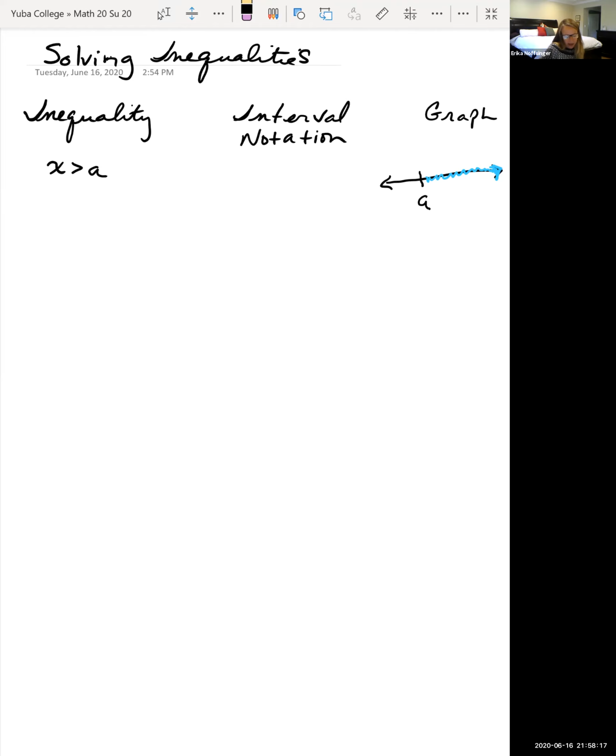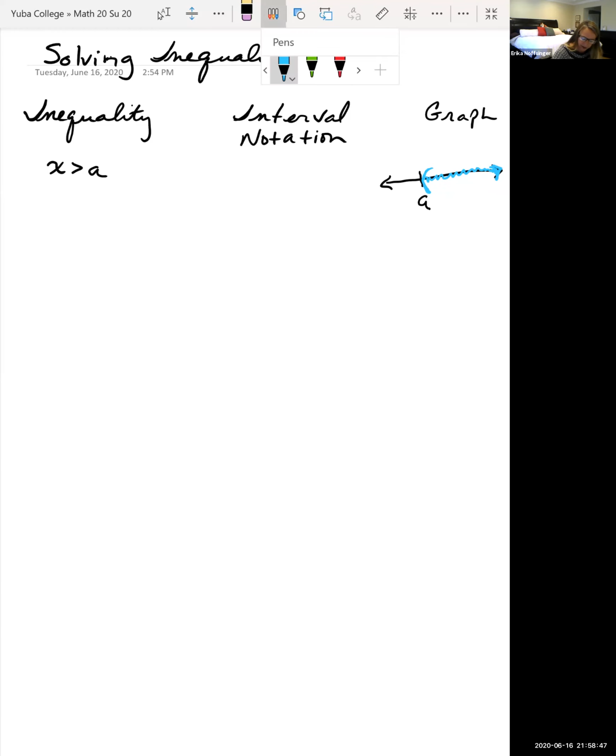Here, same idea, but we're going to notate it with a parentheses. Parentheses means that you're not including that number, but you're getting very, very close to that number. And so basically what we have here is how we're going to write this in interval notation. So always moving left to right. The smallest number on here is a, but technically not a. So we're going to have the parentheses on the left of a.